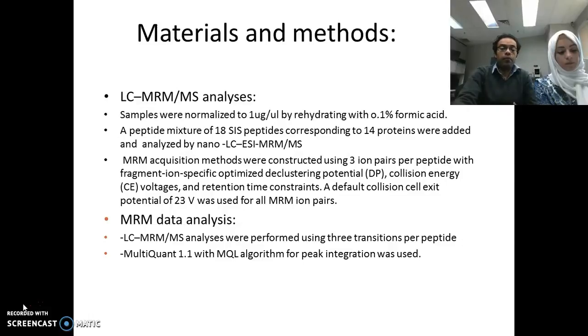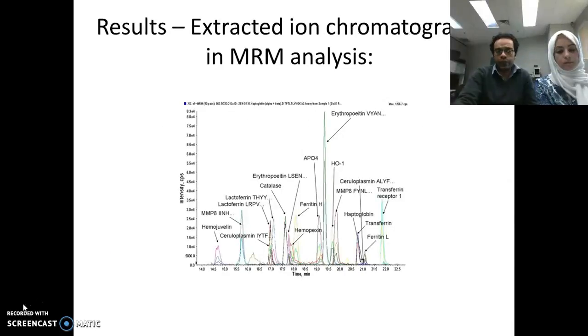The MRM data analysis was performed using 3 transition pairs per peptide, and MultiQuant 1.1 with the MQL algorithm for peak integration was used.